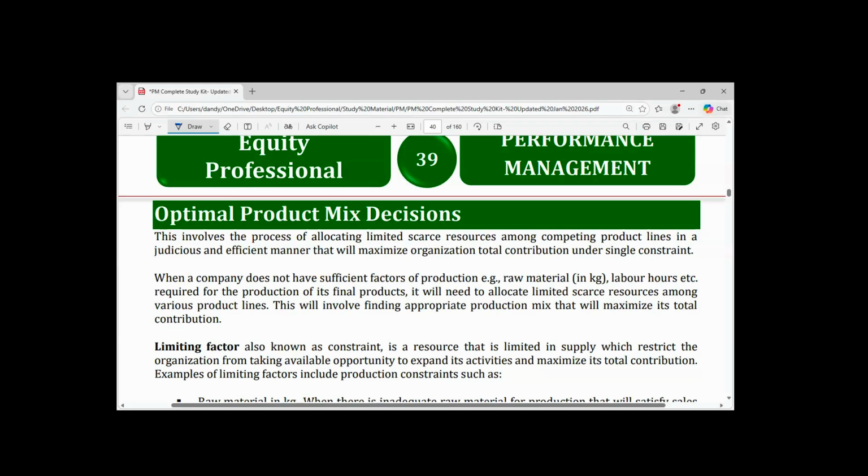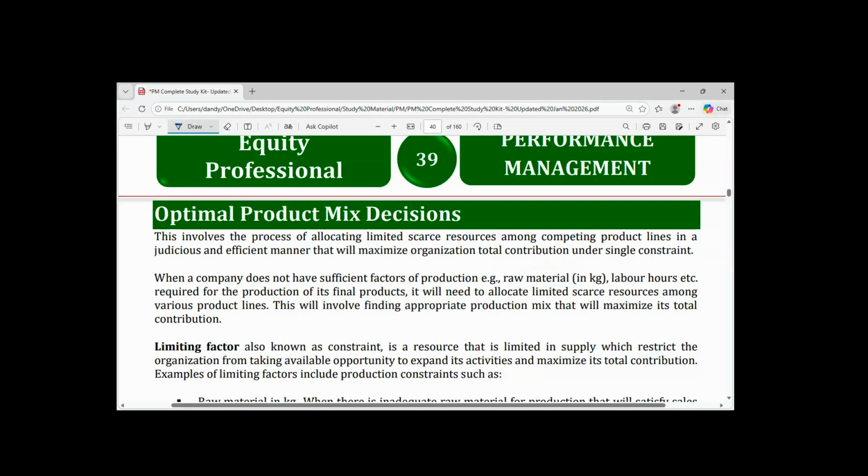But on the day of your exam, material kilogram may not be given to you. Labor hours may not be given to you. The examiner will give you material costs and labor costs. So you have the responsibility to convert this material cost and labor cost to material kilogram and labor hours. I will show you how to do this later on.